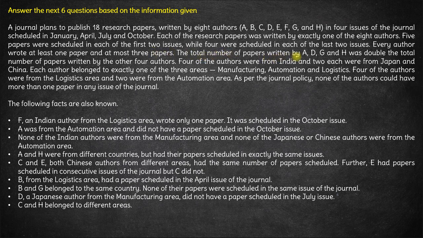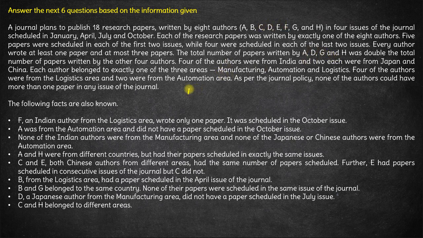The total number of papers written by A, D, G and H was double the number of papers written by the other 4 authors. So let's say the number of papers written by A, B, C, D, E, F, G and H is A, B, C, D, E, F, G and H respectively.